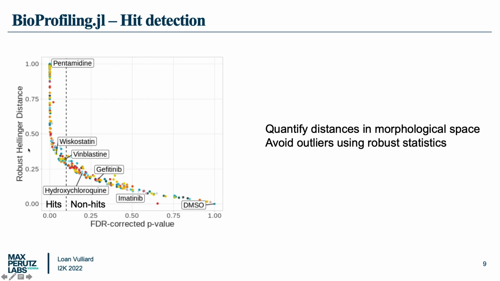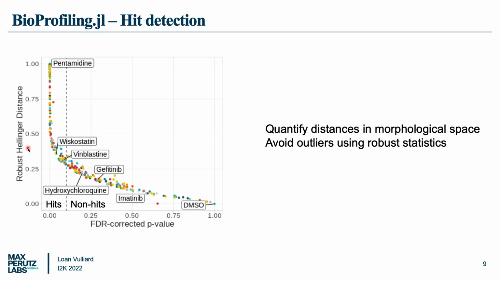Our package offers ways to quantify the distance between profiles, and as such, we can detect hits by comparing the effects of each drug to our negative control. We implemented statistical tests based on distances that are robust to outliers to avoid biases induced by imaging and segmentation artifacts.